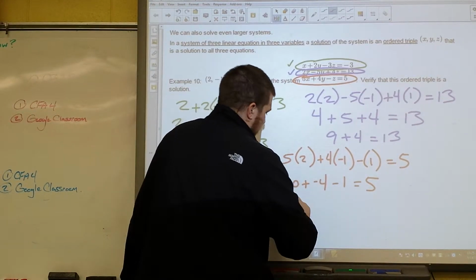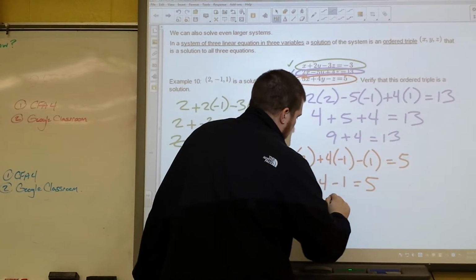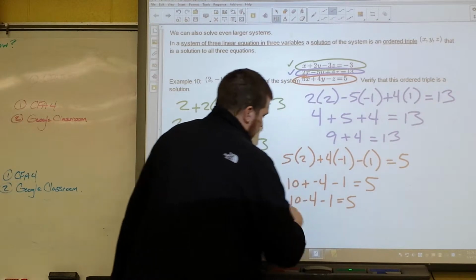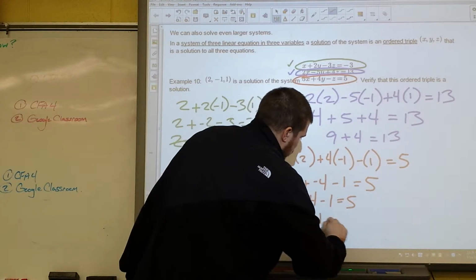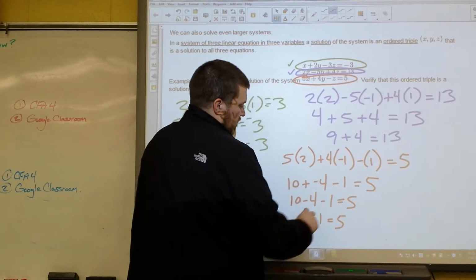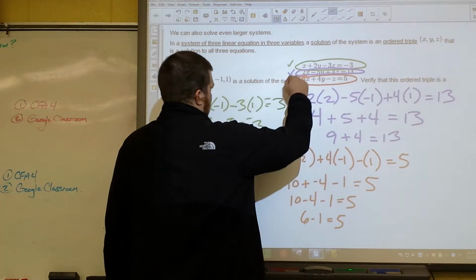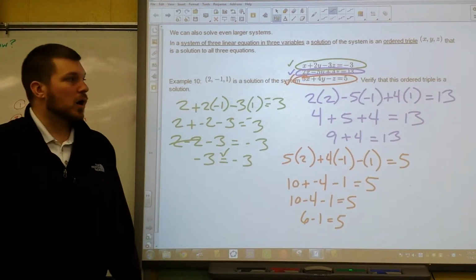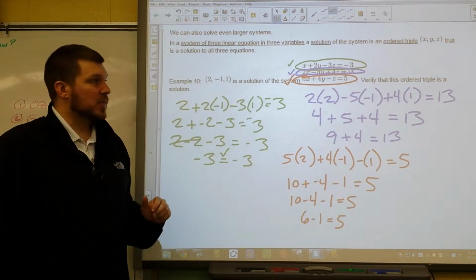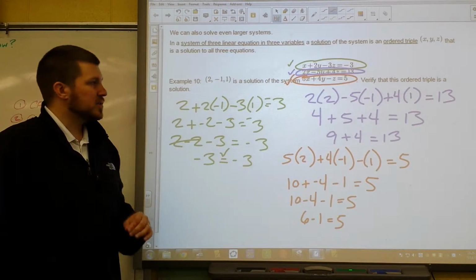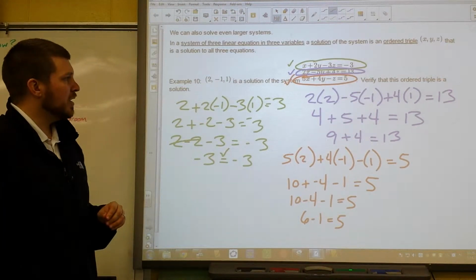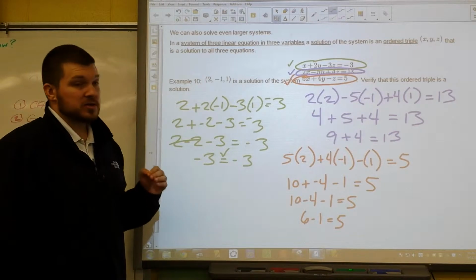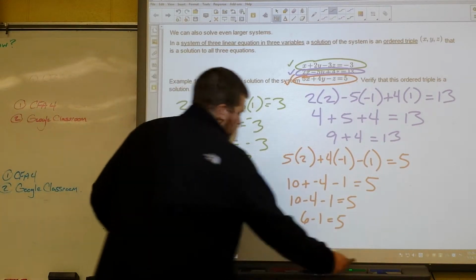Positive and negatives, so 10 minus 4 minus 1 is equal to 5. 10 minus 4 is 6, minus 1 is 5. So since this ordered triple works for all three equations in my system, then I know for a fact that this ordered triple, (2, -1, +1), is in fact the solution to this system.